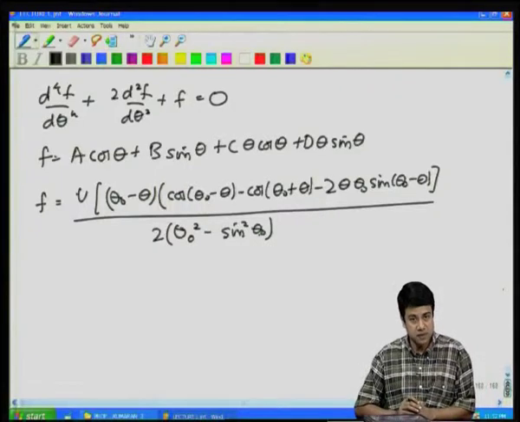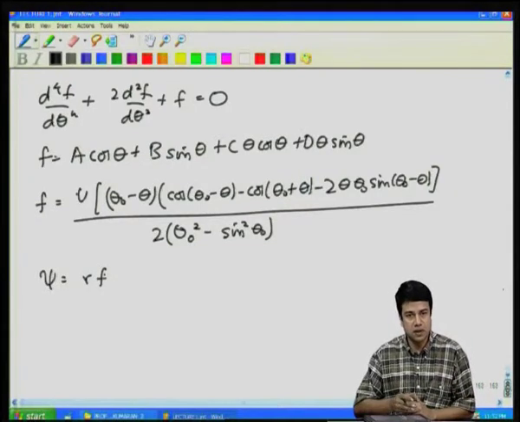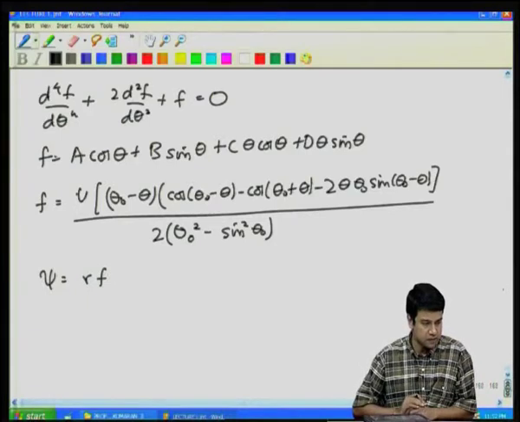So, an analytical solution is possible for f, and the analytical solution for psi is just equal to r times f. It is equal to r times u times this complicated function of theta.